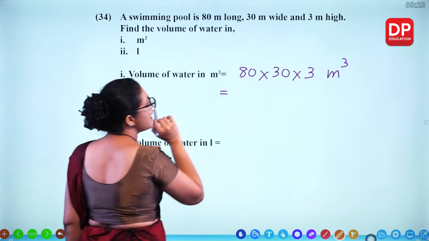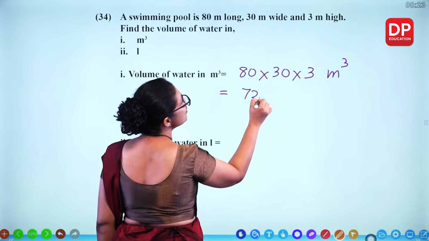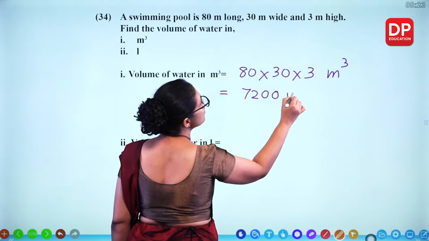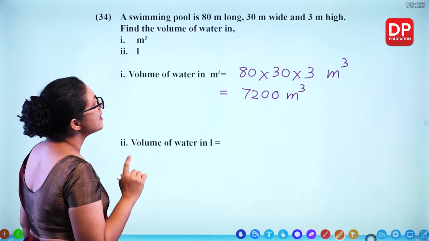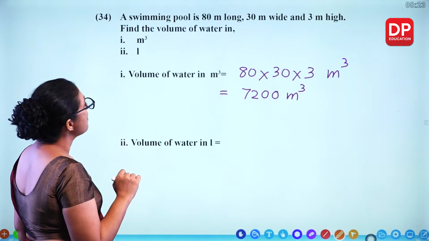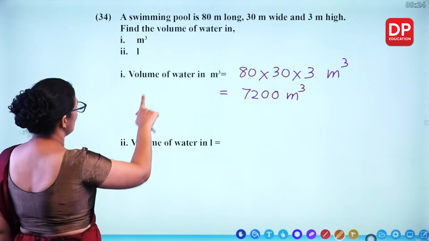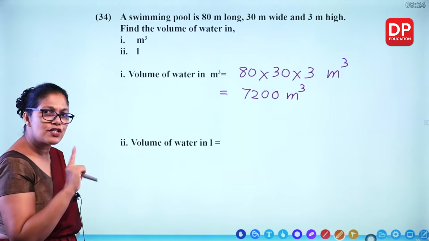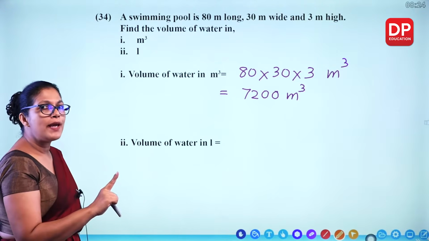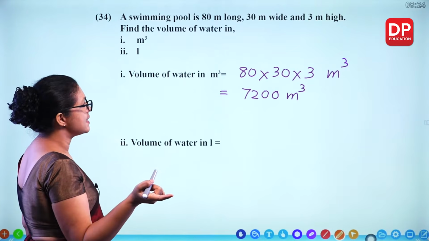3 times 3, 9. 9 times 8, 72 and 2 zeros. So this is 7200 cubic meters. And then you are asked to find out this one in liters. What's the relationship? 1 cubic meter is 1000 liters.